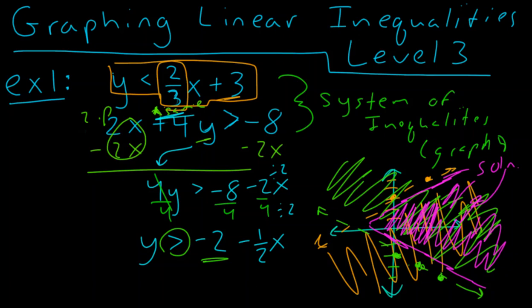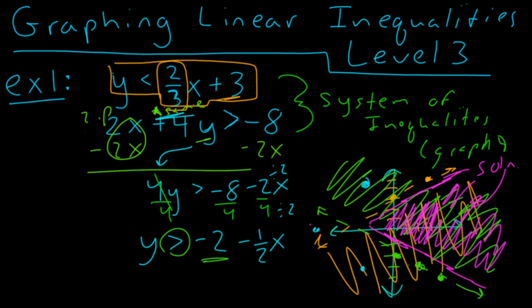If we went over here where it's completely unshaded, we'd say there are no solutions whatsoever. If we went up here to where it's just shaded in the green, those are solutions to the second line. If we went down here where it's shaded only in the orange, those are the solutions to the first line. But the solutions to both inequalities are over here to the right in this double shaded, now purple shaded, region.